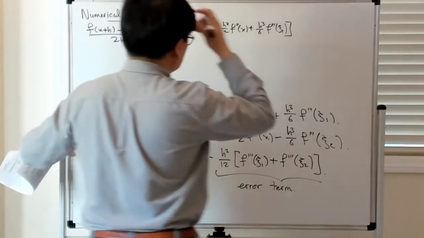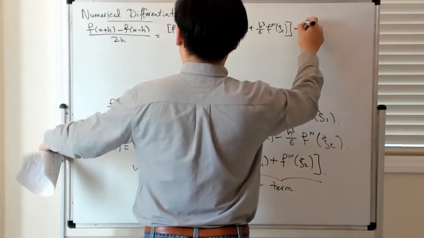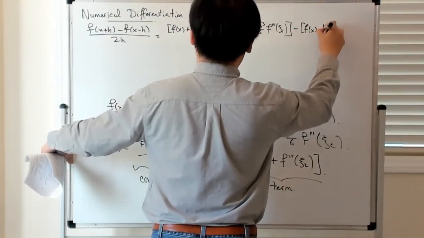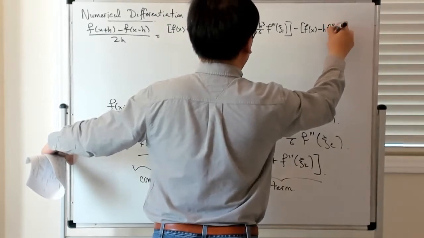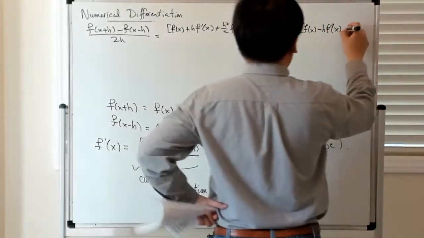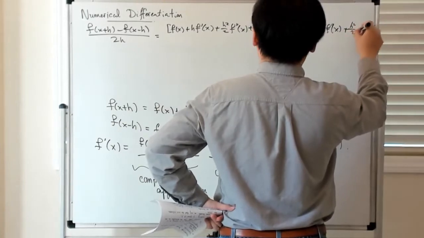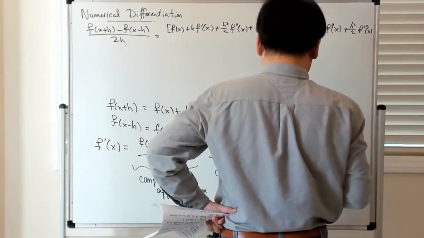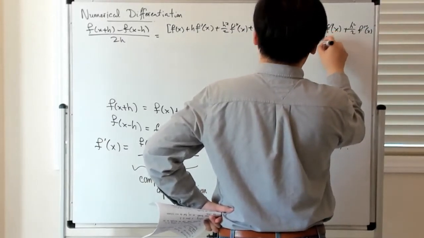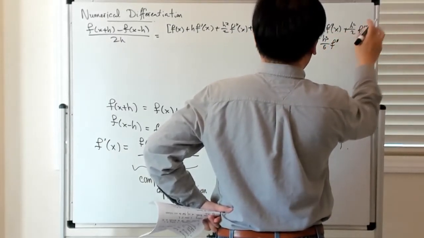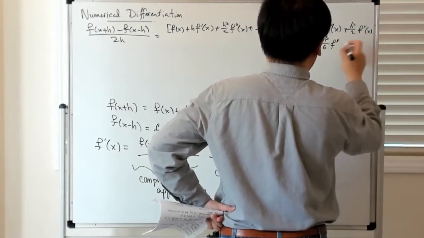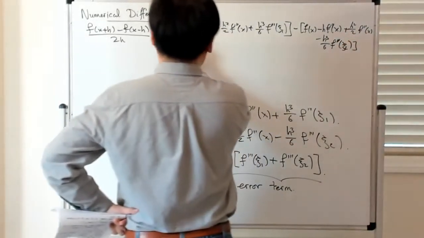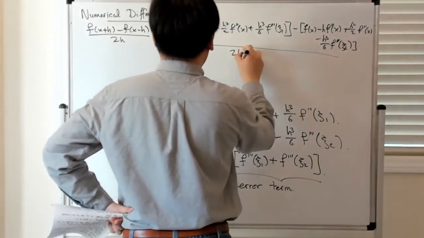That's the first term, minus f of x minus h f prime of x plus h squared over 2 f double prime of x minus h cubed over 6 f triple prime at c2, the whole thing divided by 2h.